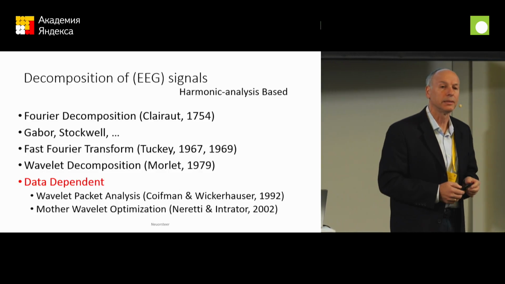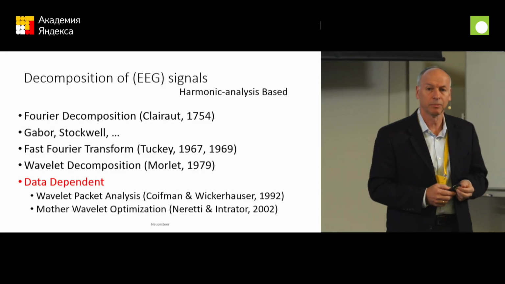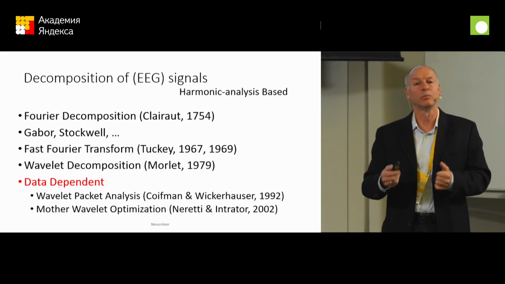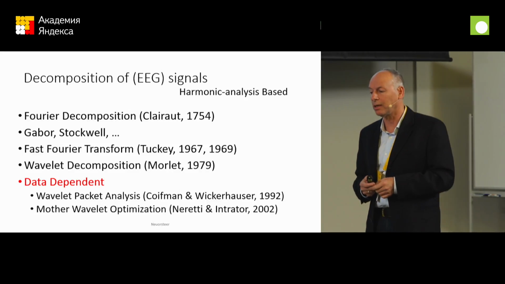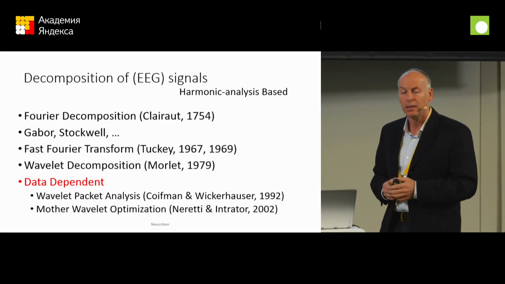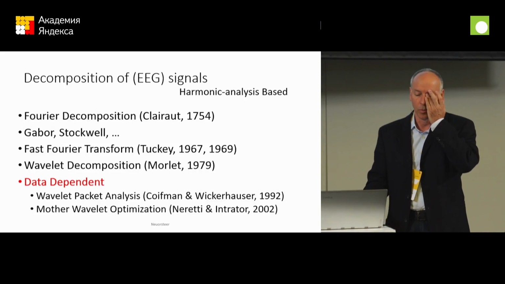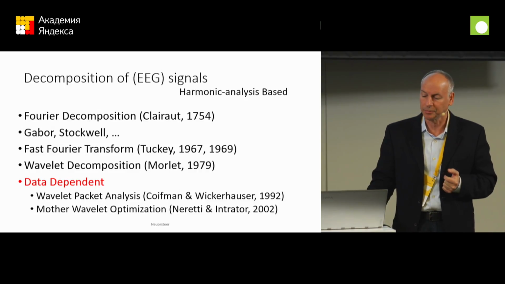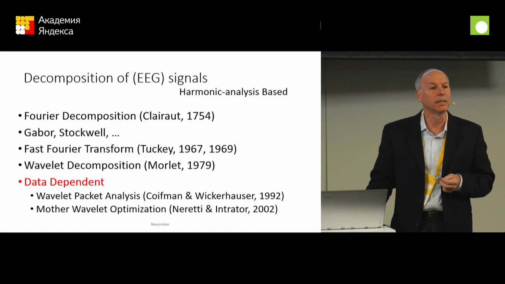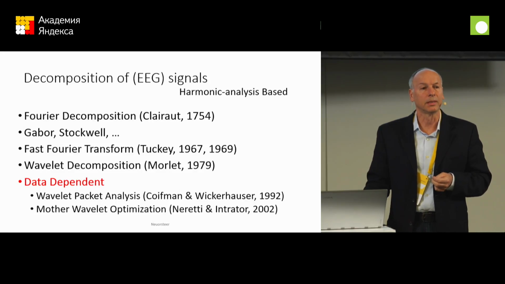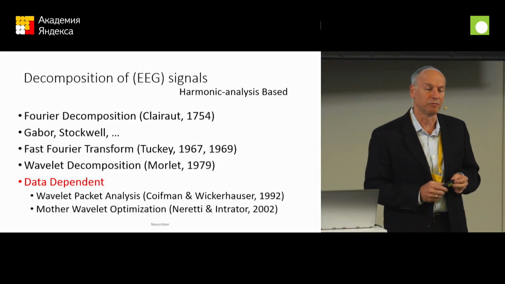Then 10 years later, the wavelet decomposition, which again at n log n would find a wavelet decomposition of the signal, and we are talking about orthogonal decomposition of signals with harmonic constraints. The real jump in this field happened in 1992, but still a lot of people are not aware of that.